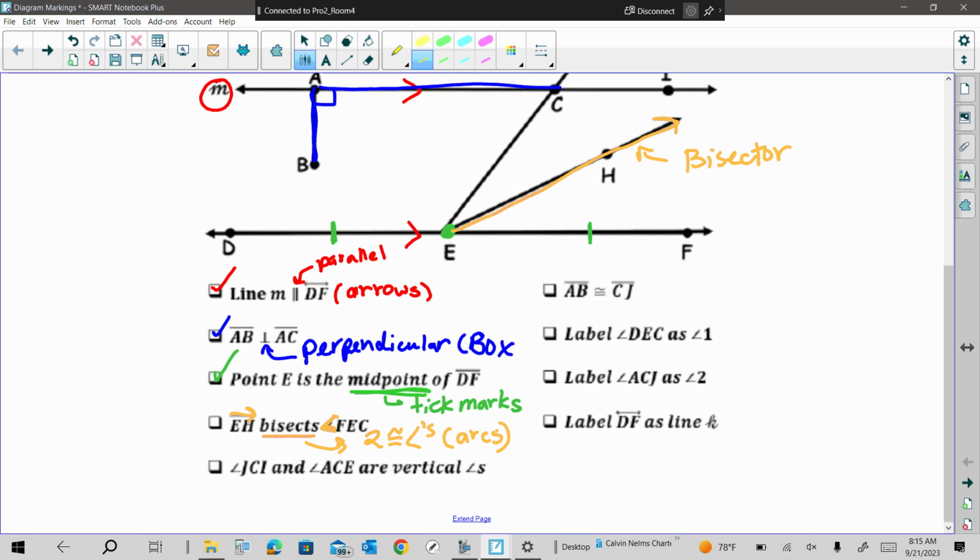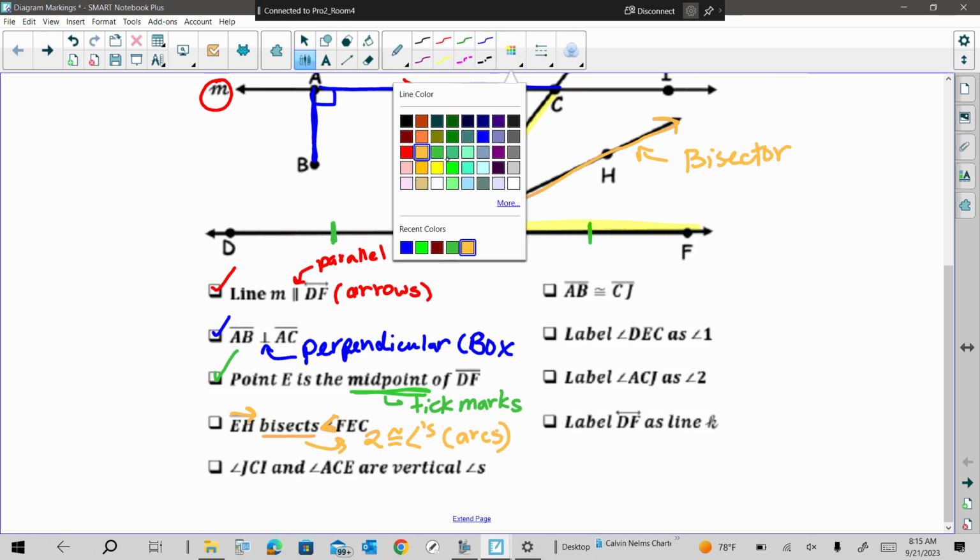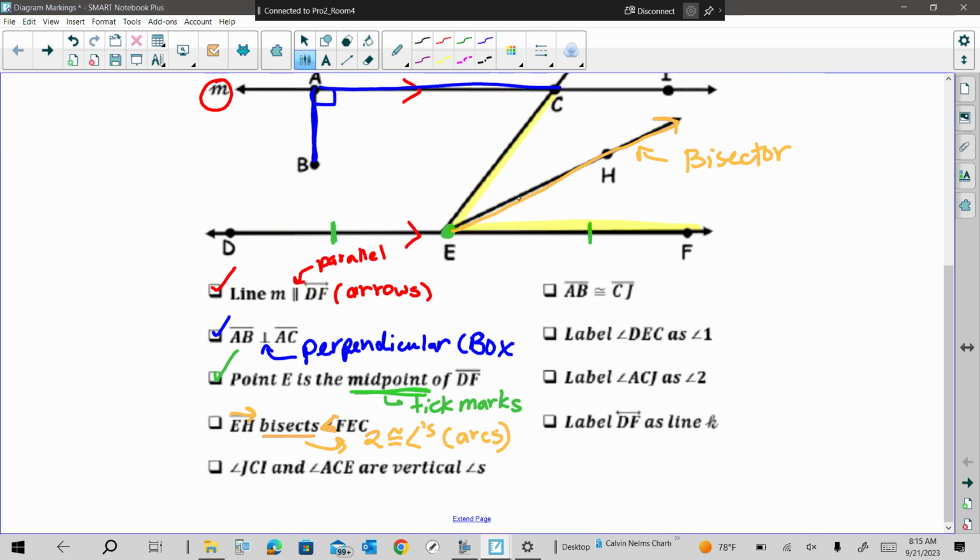It's bisecting this angle CEF or FEC. So we have to put the arcs on either side of the ray. Okay, so I put an arc here. The curve should be in the interior of the angle. And then I'm going to put an arc on the other side of that bisector to indicate two congruent angles. Okay, so we have that one done.